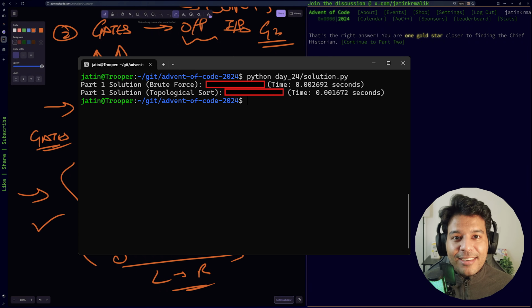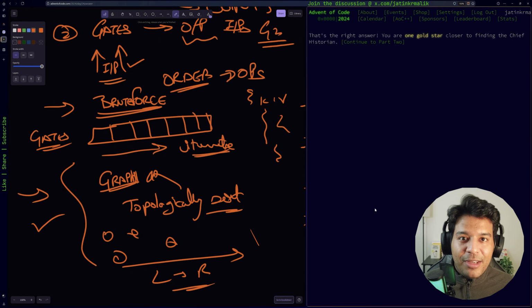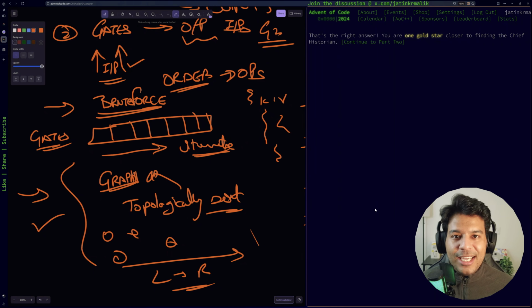I think it is at the 100th of a second difference between both of them. So we were able to get our answer fairly quickly. In the brute force, as I discussed, I just iterated over my functions again and again. And once I stopped processing any outputs, I set up a small flag, broke out of the loop, got all the z values, and did that.